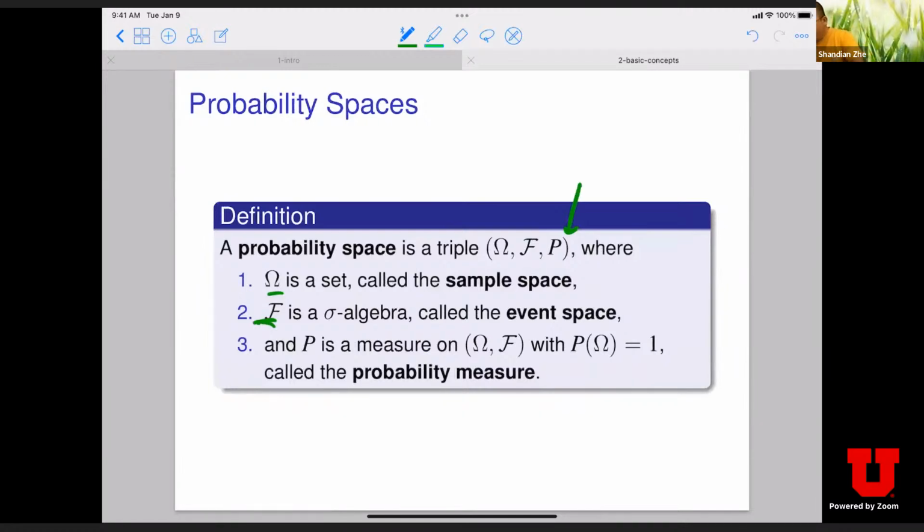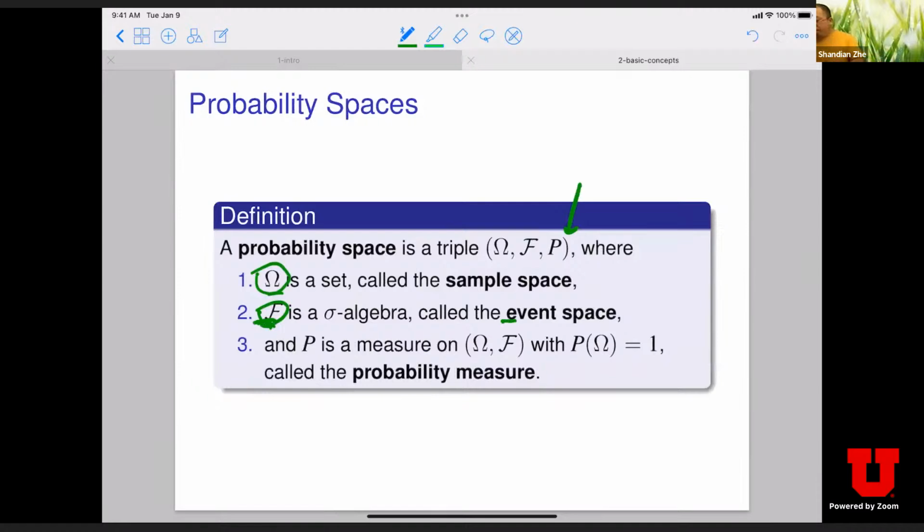Each set in F is a subset of omega, and each set in F represents an event of your interest. If you don't have a valid event set as your event space, then it might not have those properties, and it's called a sigma algebra.